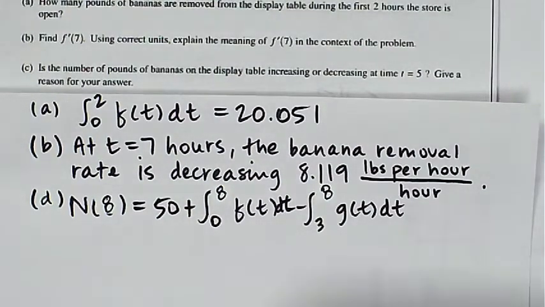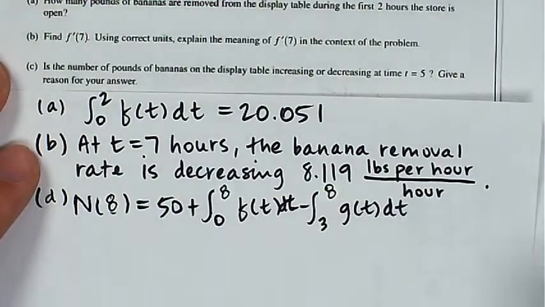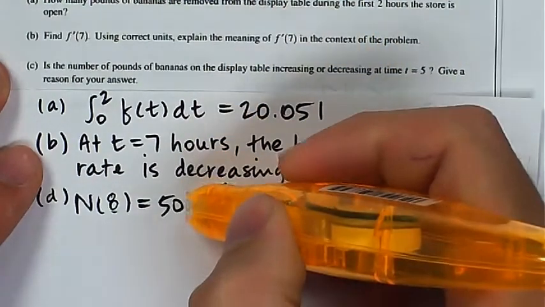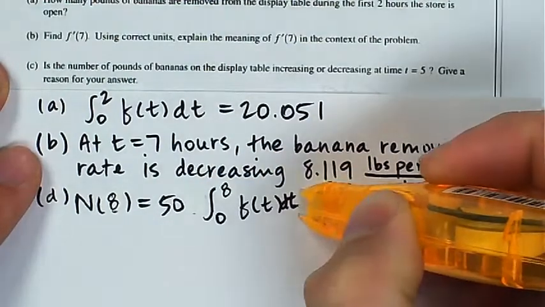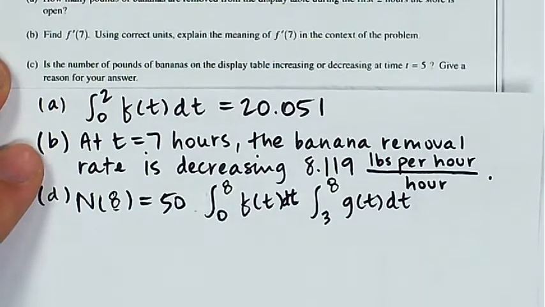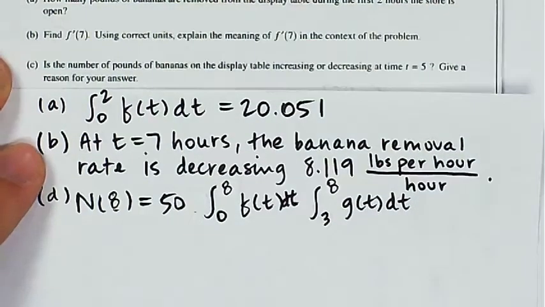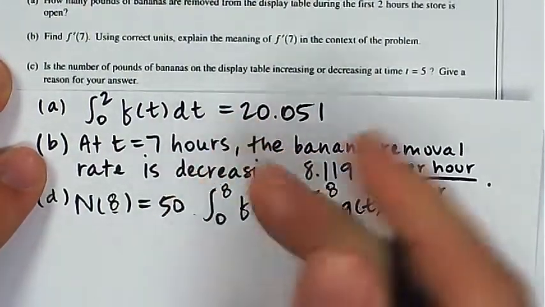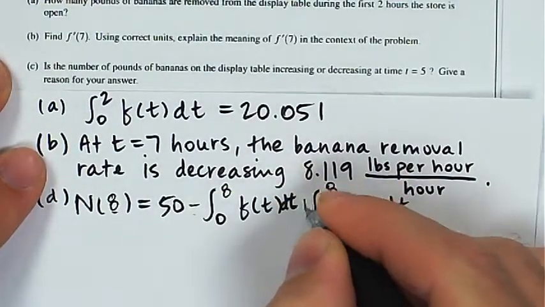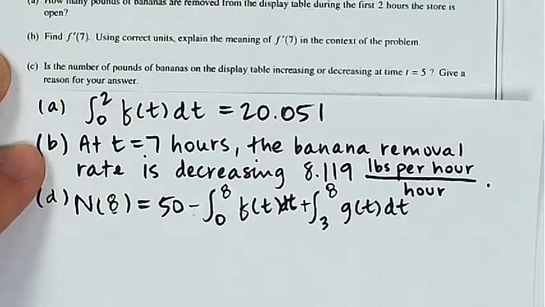But again, I've got the plus and minus. I'm used to rate in minus rate out, putting rate in y1 and rate out in y2. But f is the rate of banana removal, so we would need to subtract that one and then add the other one back in.